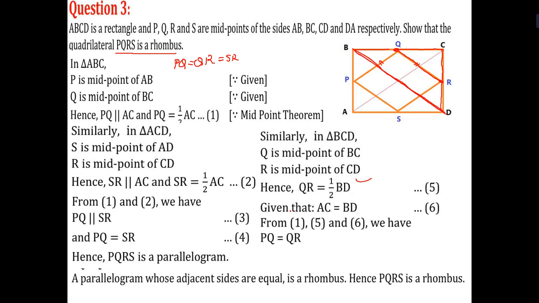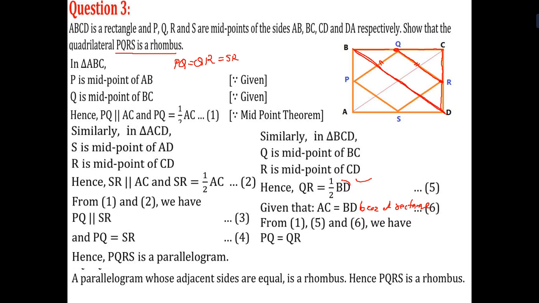But given AC is equal to BD. Why can we say it? Because of the rectangle. So AC is equal to BD. If it is a rectangle, then the diagonals are equal.